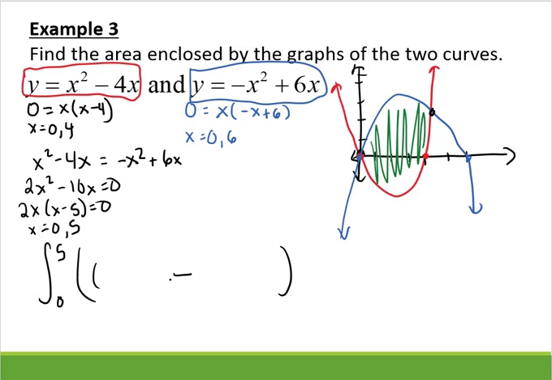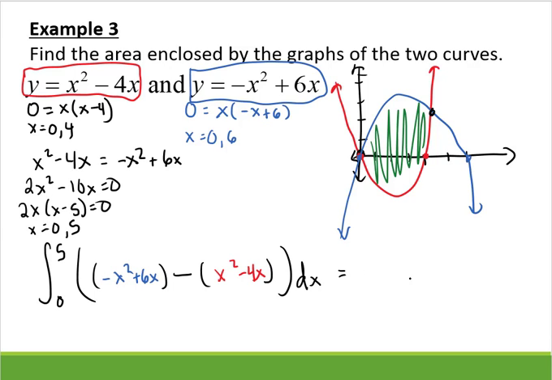The function that was bigger, or the one that was on top, was negative x squared plus 6x. Function that was lower, or on the bottom, was x squared minus 4x. Simplifying that all out and getting an answer, I'm going to do that one. Well, I'm going to steal it from my notes, but do that one in your calculator and you get 125 over 3.